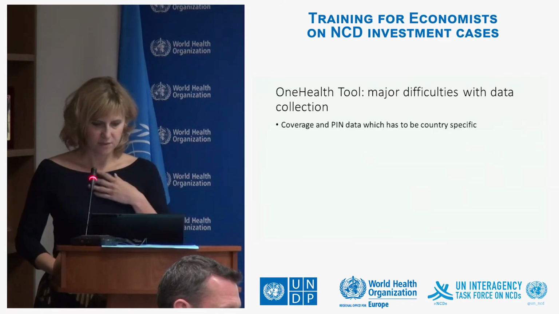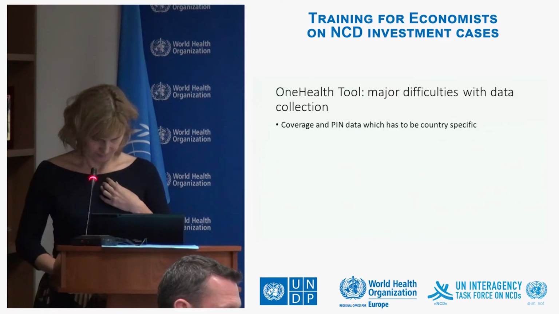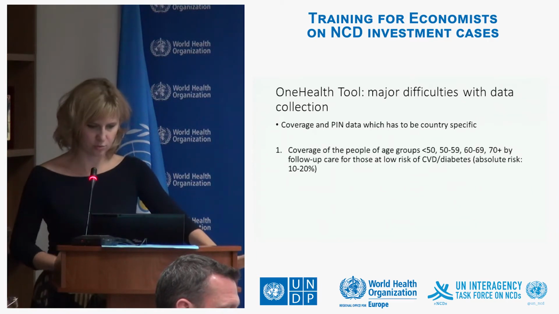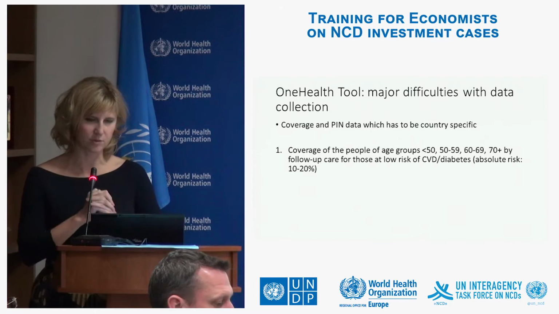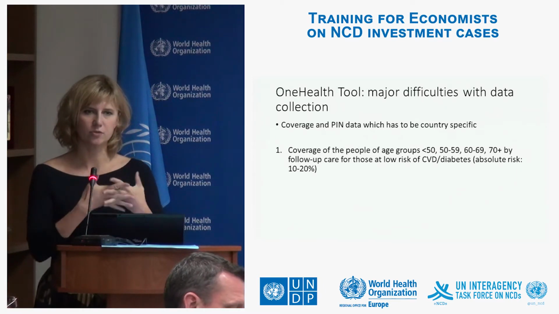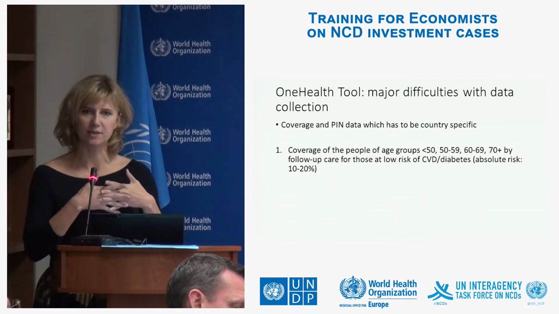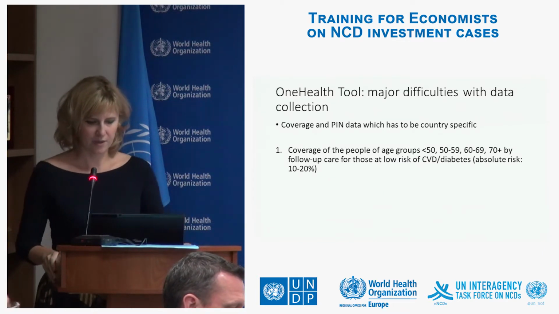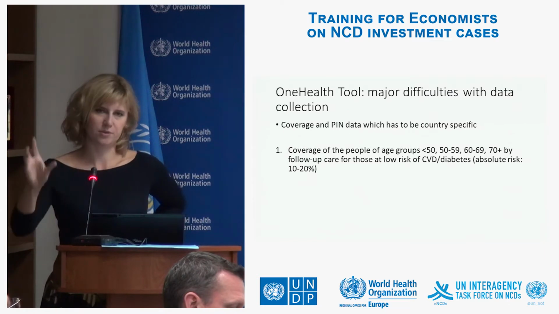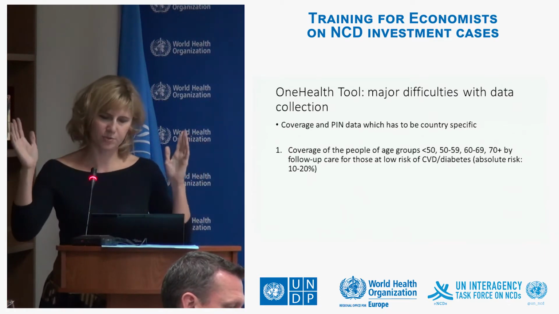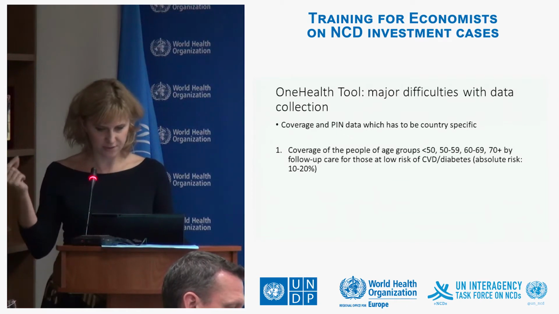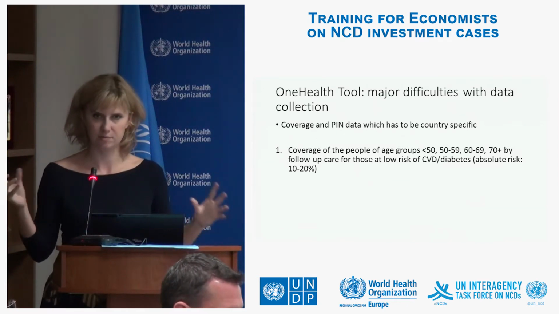What are the major difficulties with the One Health tool? This is the coverage and data, as Odd showed. I will just show you, just think about these indicators, for example, where you can get this data in Russia, knowing our Russian databases. The coverage of people of the age groups, all of the age groups, some of the age groups, by follow-up for those at low risk of CVD and diabetes.